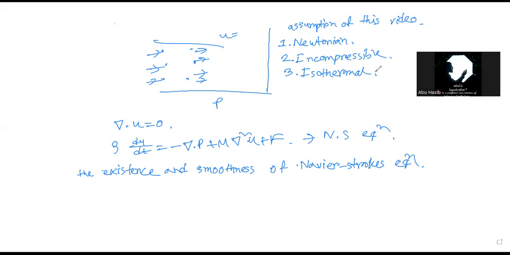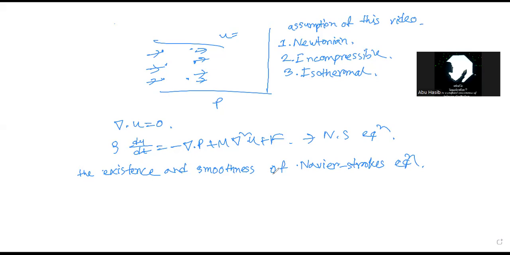Okay. So the first assumption is that the fluid is Newtonian. There is a really good answer on Stack Exchange that explains what it means for a fluid to be Newtonian, but let me just summarize it for you. When we call a fluid Newtonian, it means that the rate at which we apply shear stress has no effect on its viscosity.